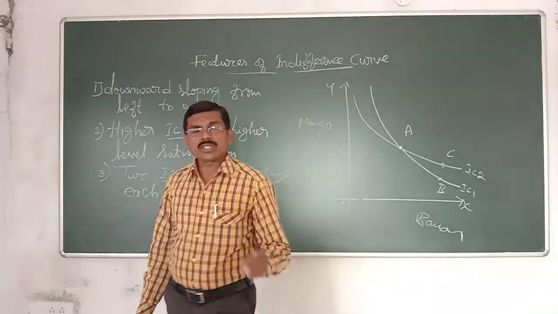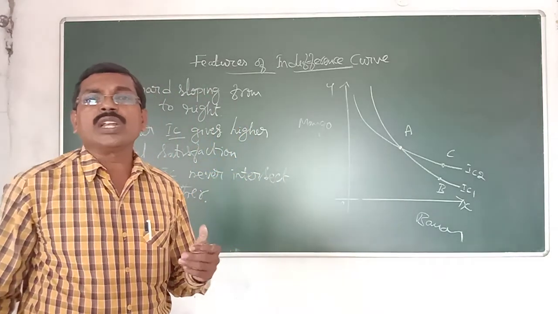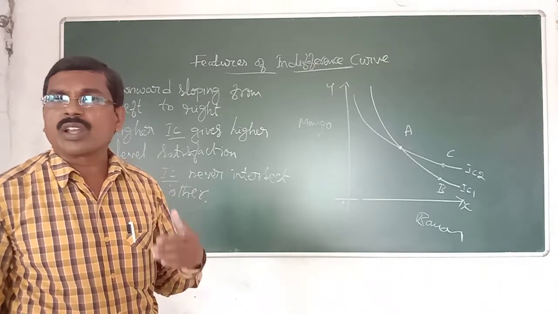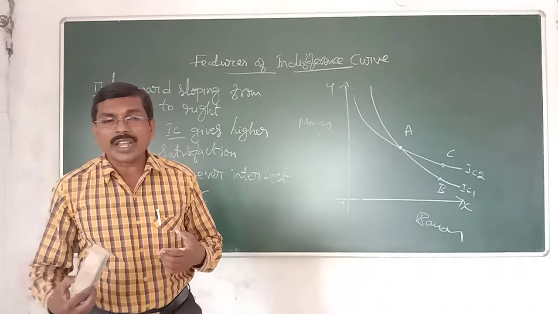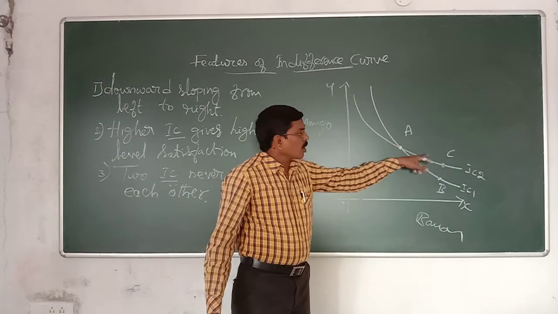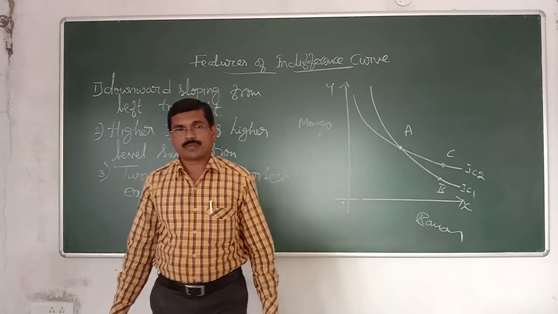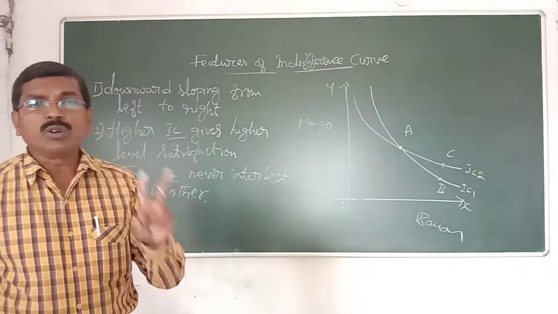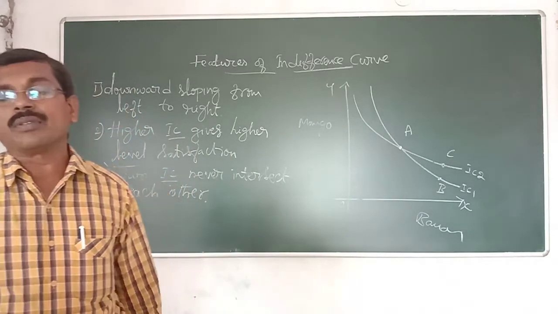It is not possible in indifference curve theory, because two different indifference curves represent different levels of satisfaction. If two indifference curves join each other at point A, both curves IC1 and IC2 would represent an equal level of satisfaction.